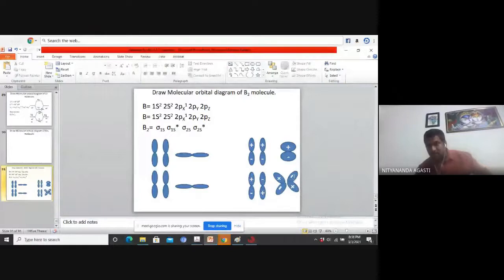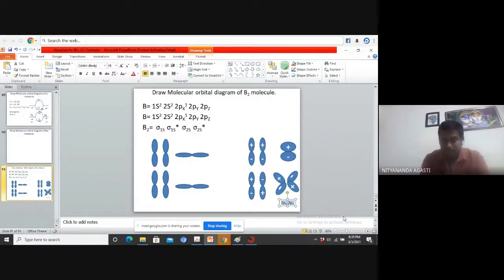This is the anti-bonding pi orbital. So let me write it. How will I be writing this one? 2px, or we'll write 2py. I'll write it as pi.